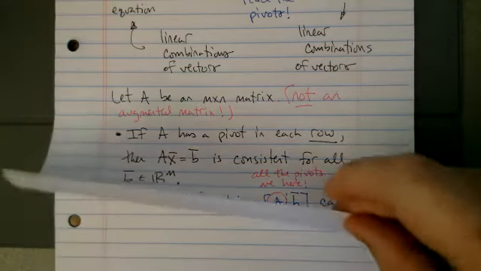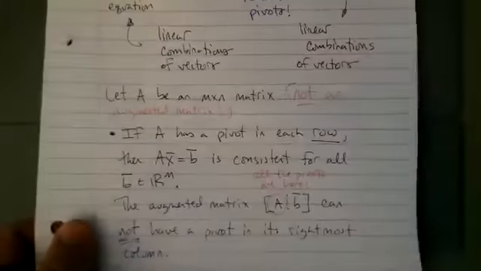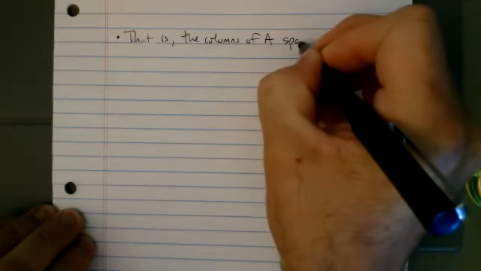So if A has a pivot in each row, then the columns of A span Rm.